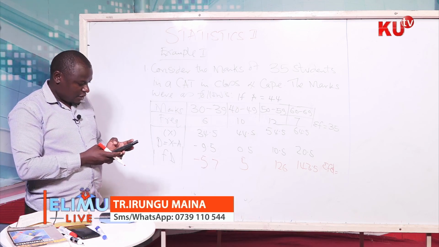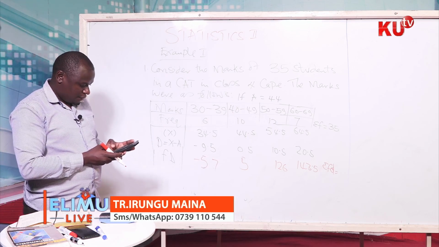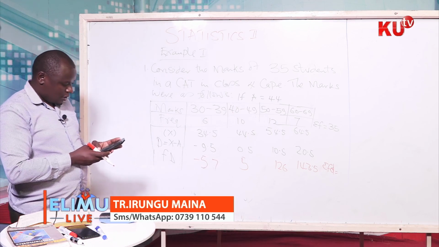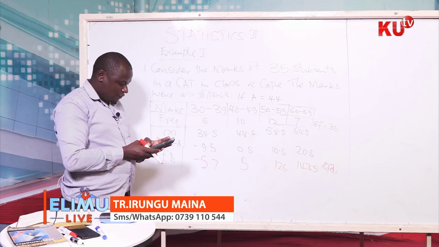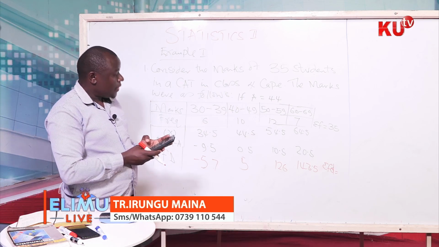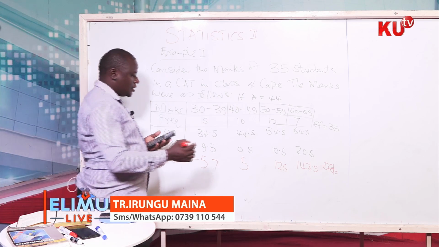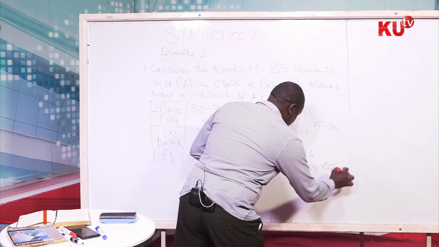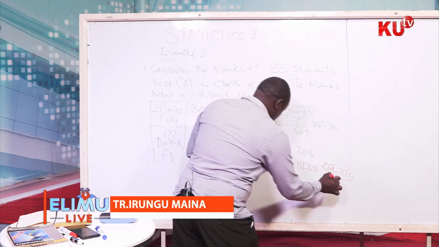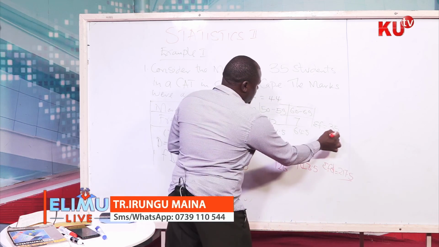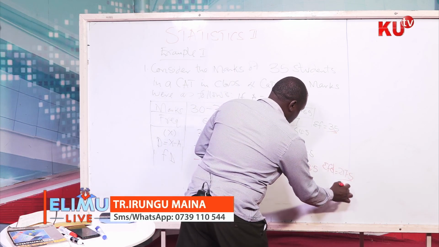Negative 57 plus 5 plus 126 plus 143.5 plus, that's it, equals, I'm getting 217.5, you divide that by the entry. The entry were 35 students.